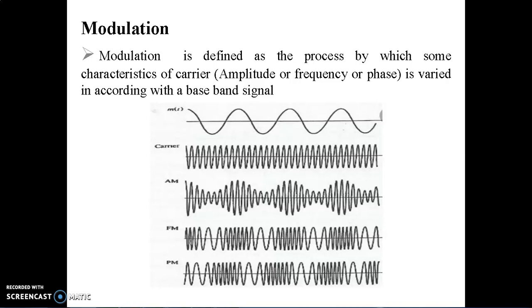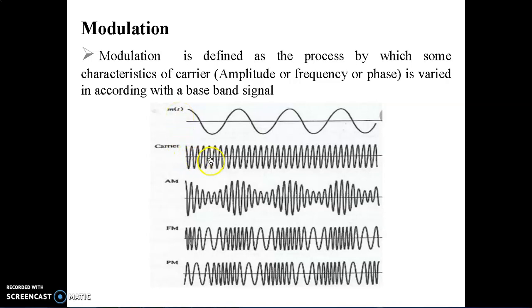Then the modulation is defined as the process by which some characteristic of a carrier like amplitude or frequency or phase is varied in accordance with the baseband signal. So this is the baseband signal. Baseband signal is nothing but the original information signal, which is denoted as m of t. T represents it is in the time domain.